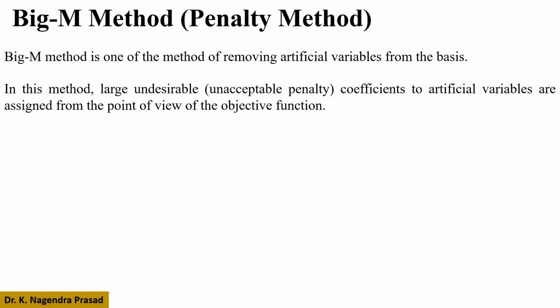In this method, large undesirable, that is, unacceptable penalty coefficients are assigned to artificial variables from the point of view of the objective function. So in this method, large penalty coefficients are assigned to the artificial variables.